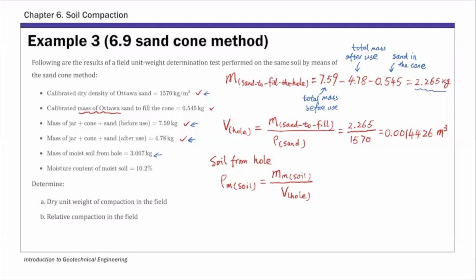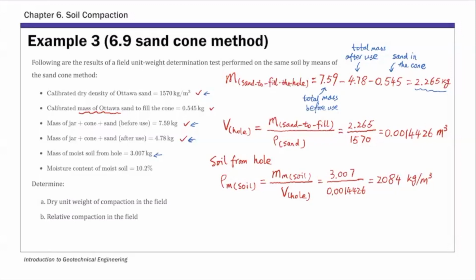Then we substitute numbers here. That's going to be 3.007, so that's the moist mass of the soil, divided by the volume, 0.00144426. And this is 2084. Unit is kilogram per meter cube. Okay, so that's the density unit. So you have this basic moist density of soil.